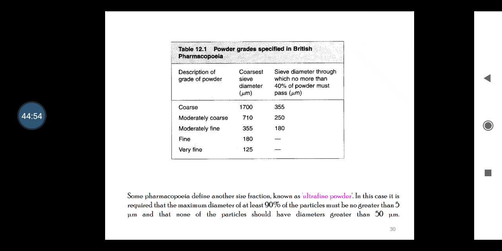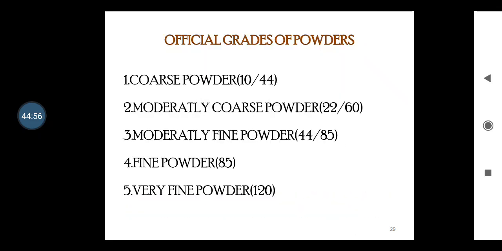When the fineness of the powder is described by means of a number, it indicates that all the particles of the powder shall pass through the sieve of which the nominal mesh aperture in micrometer is equal to that number. So for the coarse powder, the lower limit of the sieve number is 10, and the upper limit is 44.